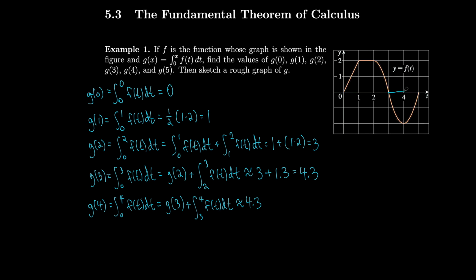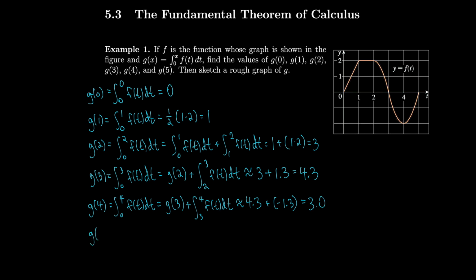From 3 to 4, we have to get this area. However, it's underneath the x-axis, so we have to represent that using a negative number. If we said that this area over here was 1.3, this area under here is symmetrical, so it should also be 1.3. So we should subtract 1.3, or add negative 1.3, and get 3.